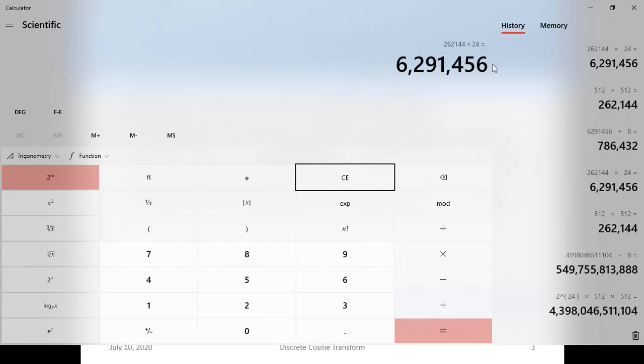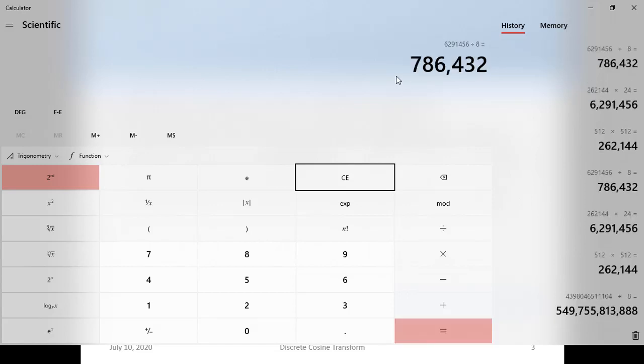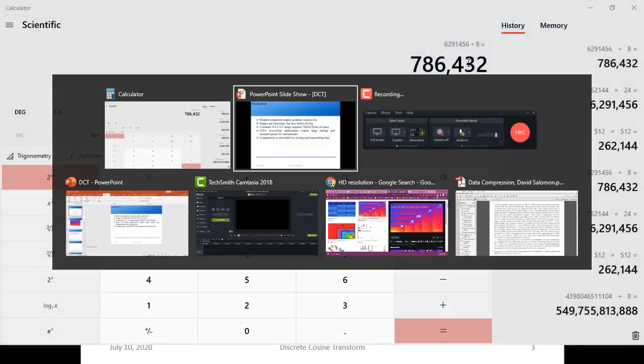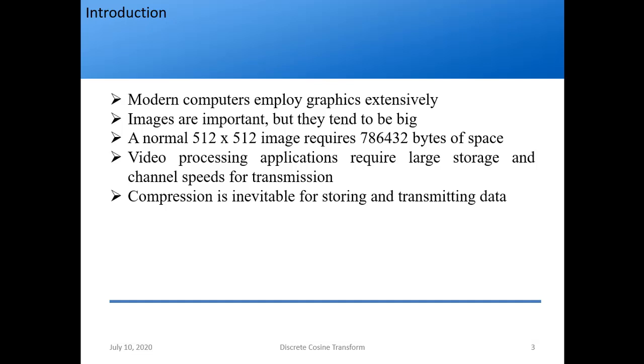We are usually concerned with bytes or kilobytes, so let's divide by 8 because one byte is 8 bits. What we get is 786,432, the same value which is mentioned here. 786,432 bytes of space.